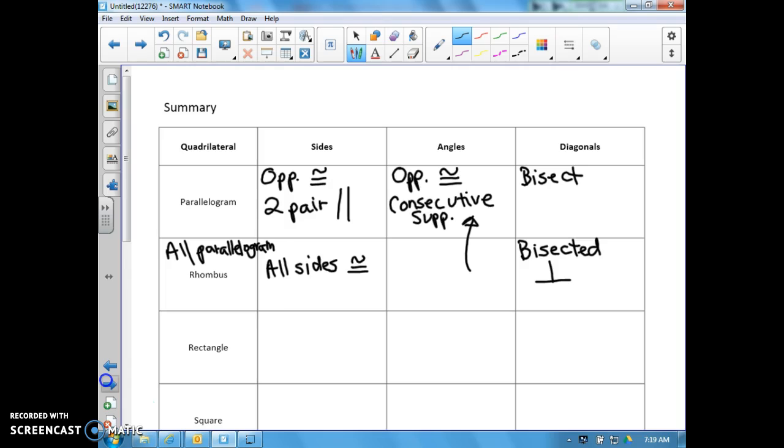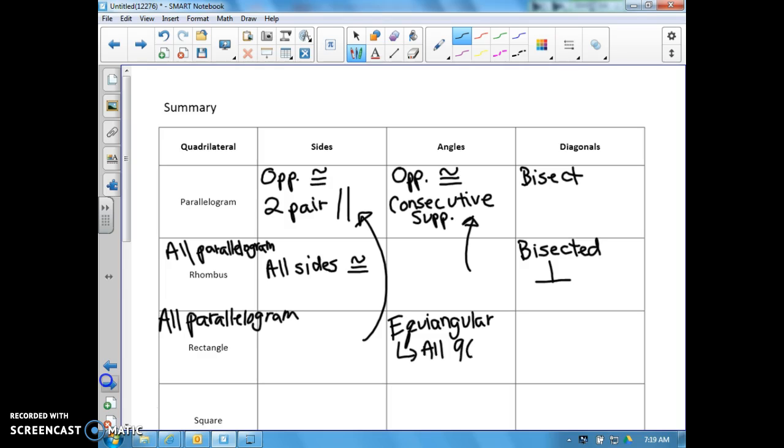So, let's look at a rectangle now. In a rectangle, it has everything a parallelogram has, because it is a type of parallelogram, plus sides, nothing particularly special. It's the same thing as here. The angles, it's equiangular, which basically means they're all 90 degrees.